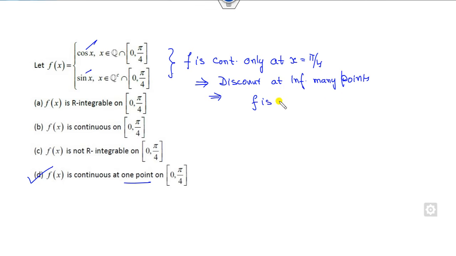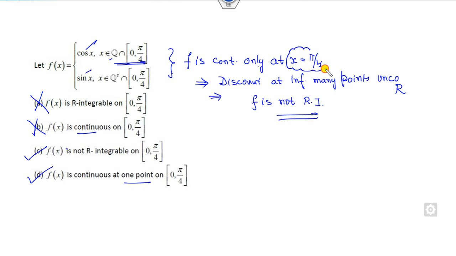It means f is not Riemann integrable, because they are uncountably many over this, the intersection with Q, infinitely many. R is uncountable, Q is here, so it's not Riemann integrable. So this option is cancelled. 'Not integrable' is a correct option. 'F is continuous' is a wrong option, because f is continuous only at one point, pi/4. So C and D are the correct answers.